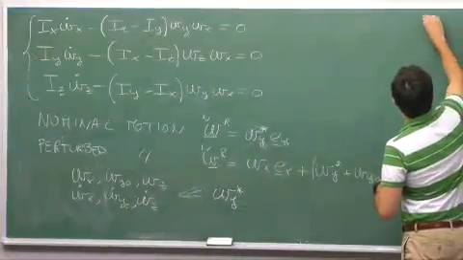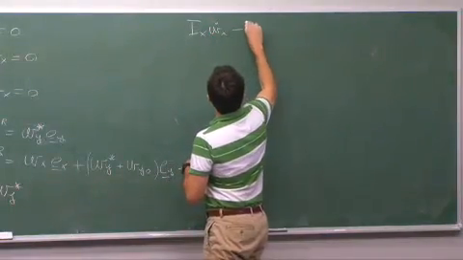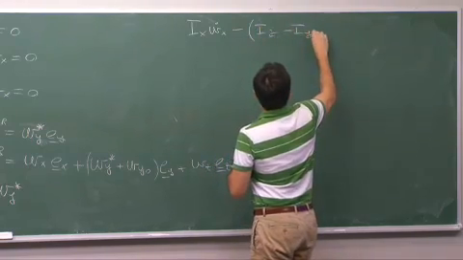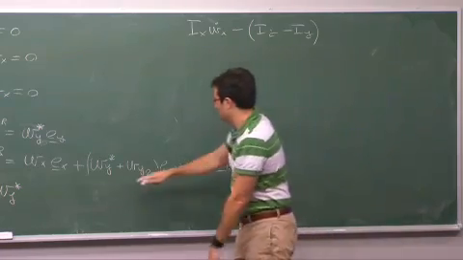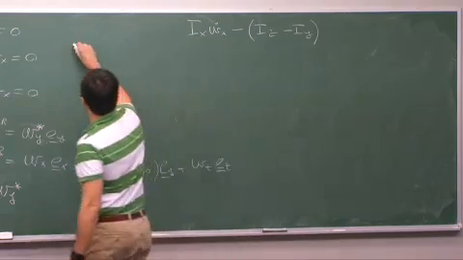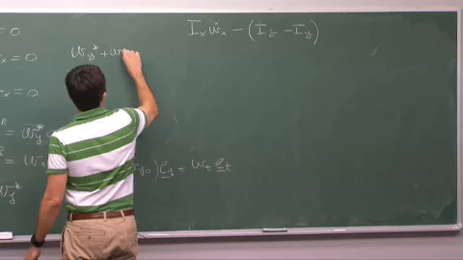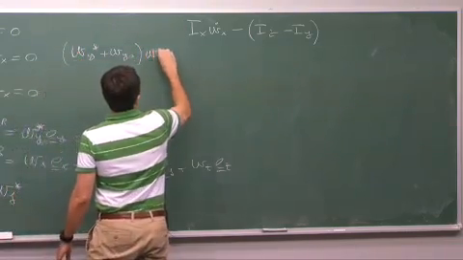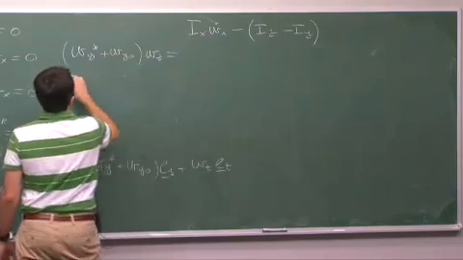Well, I see an Ix omega x dot minus Iz minus Iy. So I have omega y times omega z. So I have to multiply these two components. And I can do it here if you like. I see an omega y star plus omega y 0 that is going to multiply this omega z, right?